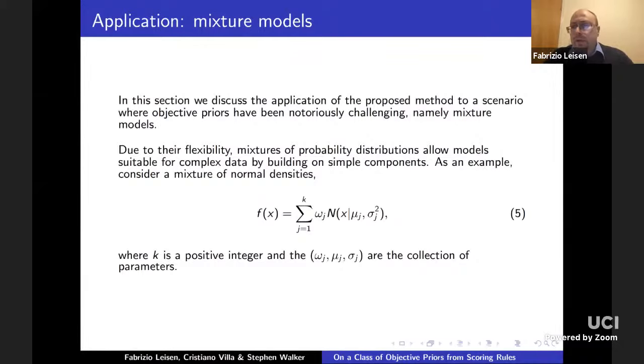So I will quickly show an example of mixture models. So here, just to fix the notation, we have a mixture model with k components. The weights are these omega j's, and we have a mixture of normal distributions, which means mu j's and variances sigma j squares.